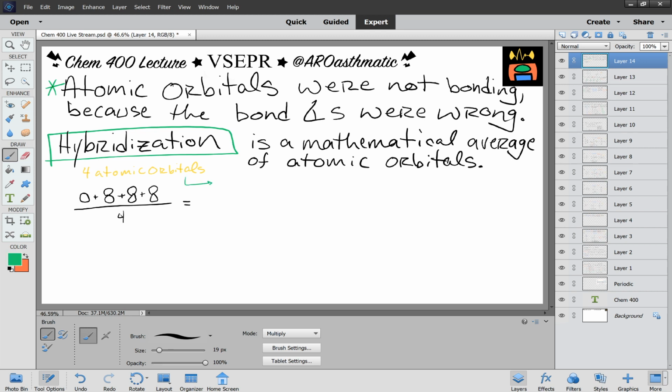These 4 atomic orbitals became 4 hybrid orbitals. All right, and those 4 new orbitals had kind of a weird shape. They were a combination of the s, 1s, and 3p orbitals. All right, we got 4 new hybrid orbitals out of this process.